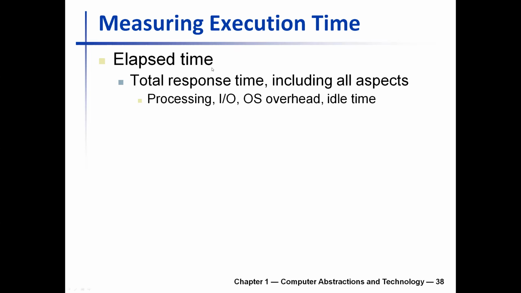Elapsed time is the total time taken for a task to be completed on this system, including all aspects, everything, including processing, including time taken by the I/O subsystem, time taken by the memory subsystem, time taken by the operating system. Operating system is another set of programs, right? And of course, there may be some idle time inside that elapsed time as well.